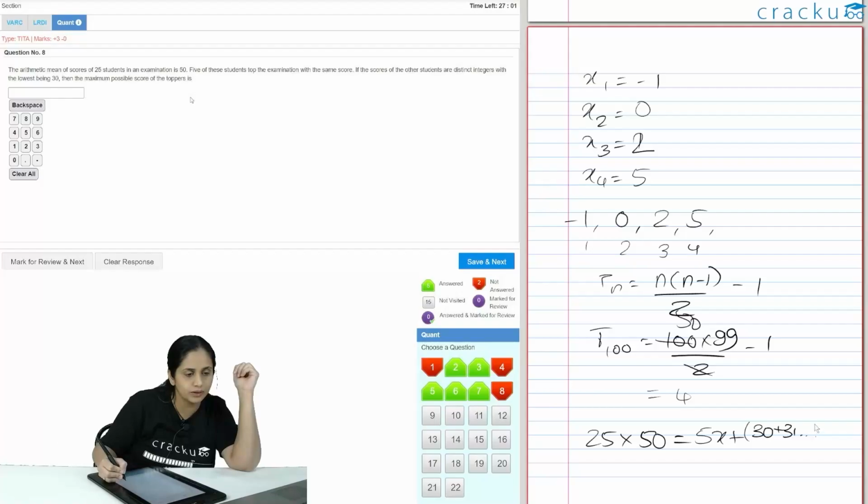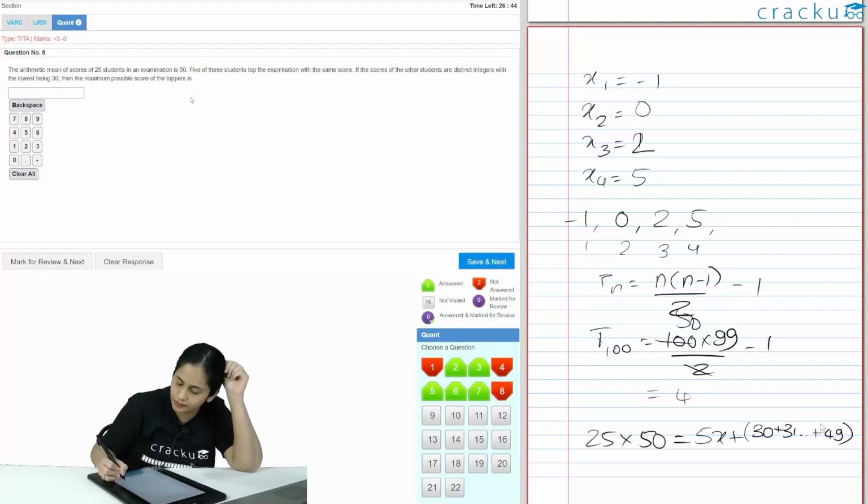So this will be plus 20 would be 49, right? These are the lowest 20 scores of the distinct integers. These are the lowest 20. This plus 5, so 20. So this would be 59.